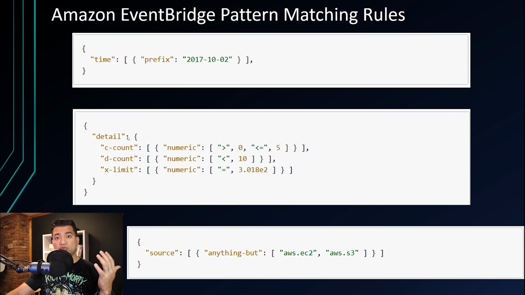You can also do numerical comparison like, hey, if the detail field C count is numeric and it is greater than 0 but less than or equal to 5, etc., etc. Or if the source field in the message is anything but AWS EC2 or AWS S3, then invoke these targets, etc. And these are just a few examples. This is, as you can tell, SNS, SQS, you cannot do this. This is super impressive in EventBridge.